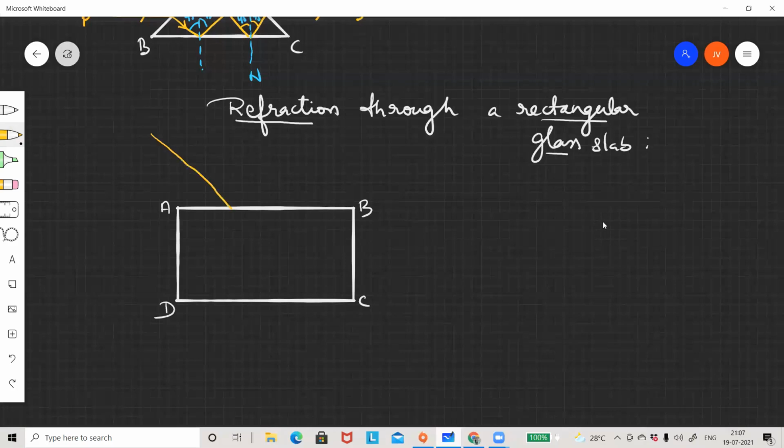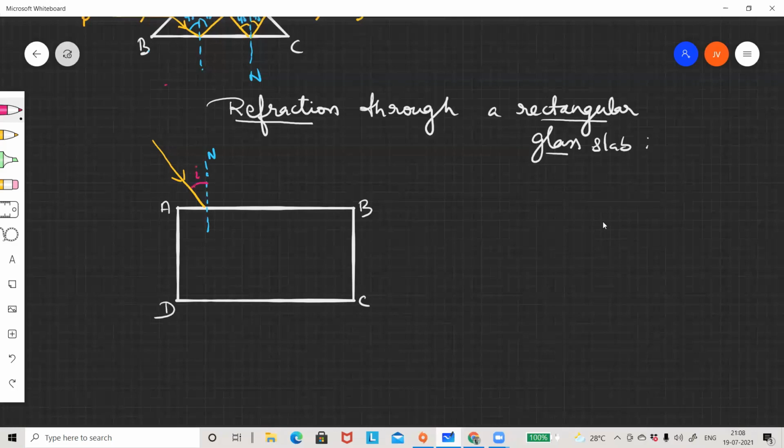This is the incident ray. So at the point of incidence, we want to draw a normal. Normal means a line that stands perpendicular. Okay, and then we have the angle of incidence.